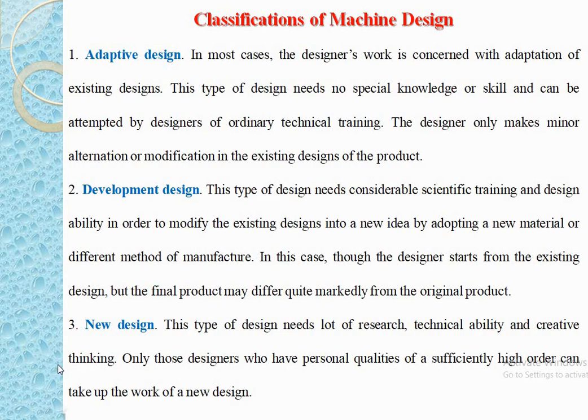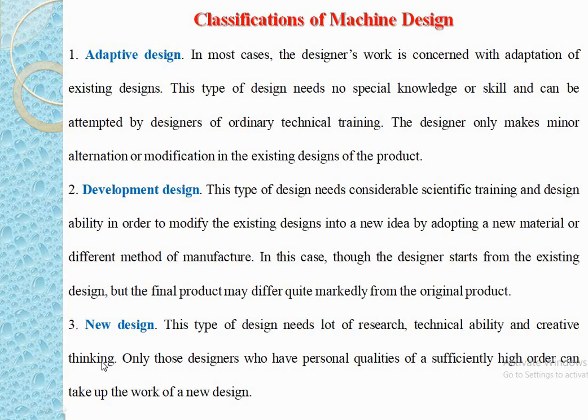And the third one is the new design. In case of adaptive design or development design, we are making use of existing principles, existing ideas, existing machine structures, existing designs. But in case of new design, this is totally new, which requires research, technical ability and creative thinking.